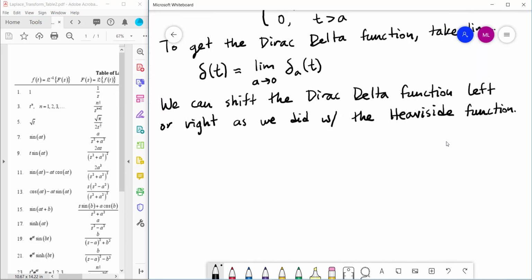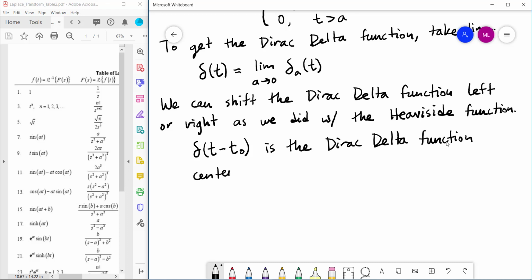So what our book does is it uses t0. So just know that delta of t minus t0, for example, is the Dirac delta function centered at t0.